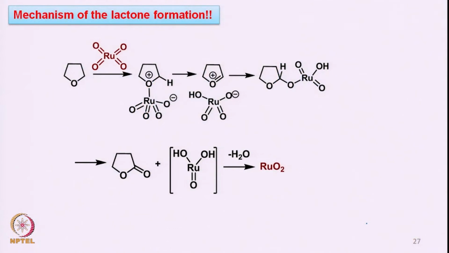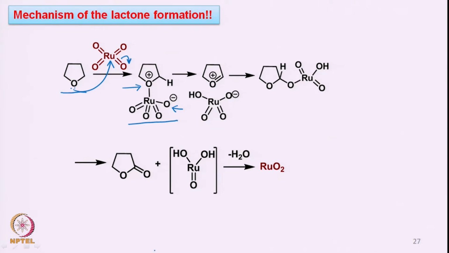For example, we can start with a cyclic ether such as tetrahydrofuran. This tetrahydrofuran then reacts with the ruthenium tetroxide and forms a species of this kind where there is a positive charge on the oxygen and of course there is a negatively charged ruthenium species which is attached to the oxygen.